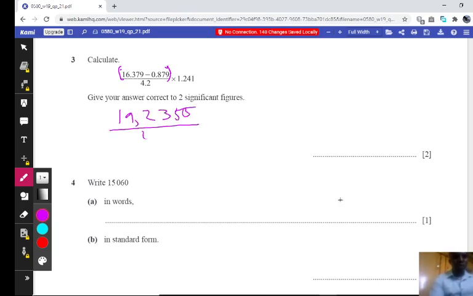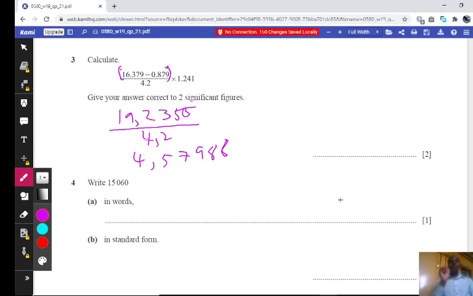Then it will be over 4.2. Then just punch divided by in your calculator, then write 4.2. Then you get the full answer. It will be 4.57988. So it will be going on like that.